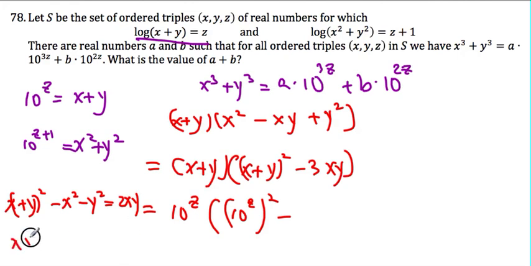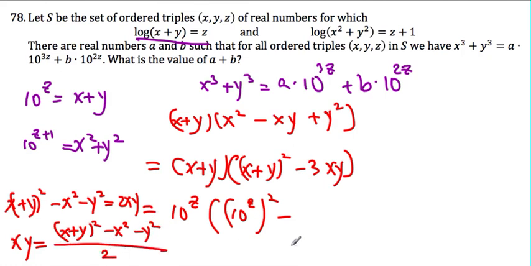So therefore xy must be equal to x plus y squared minus x squared minus y squared all over 2. Then minus 3 times xy is equal to, in fact, this way.